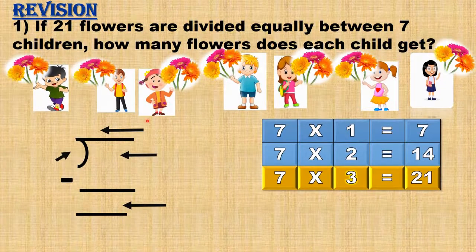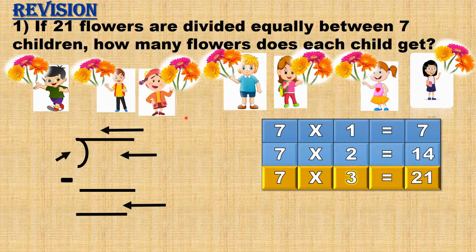Now let us do a quick revision of what we have learned in the previous class. First example: if 21 flowers are divided equally between 7 children, how many flowers does each child get? Now let us understand how we will do it.